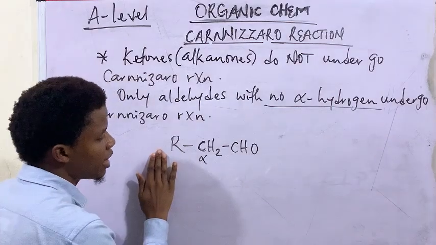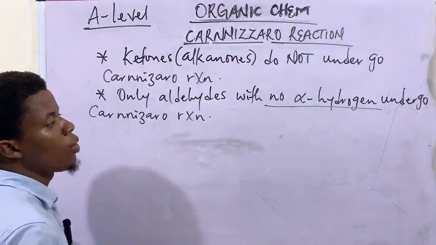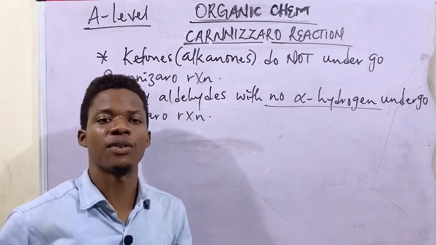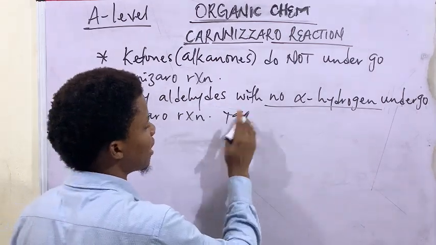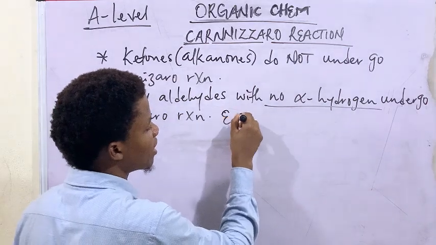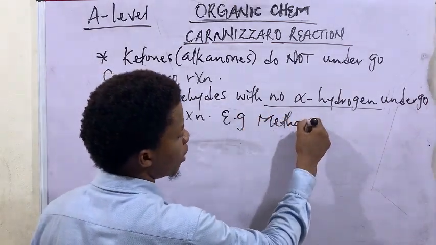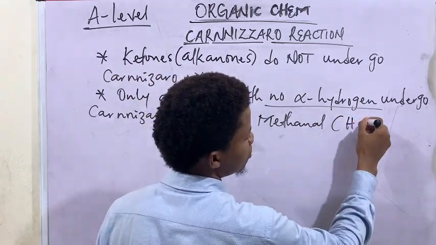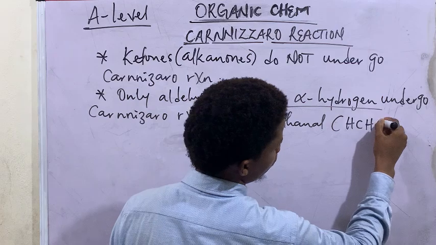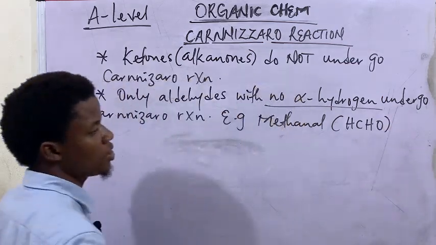Having established this fact, what are examples of aldehydes that can undergo Cannizzaro reaction? Number 1 is methanal, HCHO.